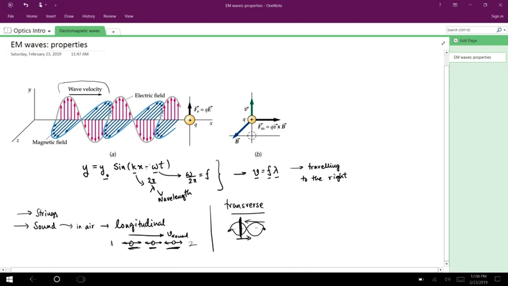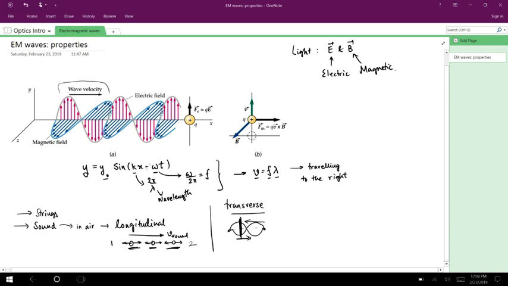In this particular case, the electric and magnetic fields are perpendicular to each other, and generally it's true for light waves that they are made out of electric and magnetic fields. E is the electric field and B is the magnetic field. Usually this is the convention for writing electric and magnetic fields, right?